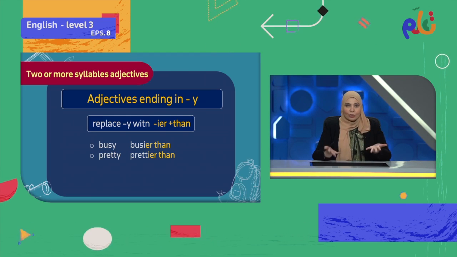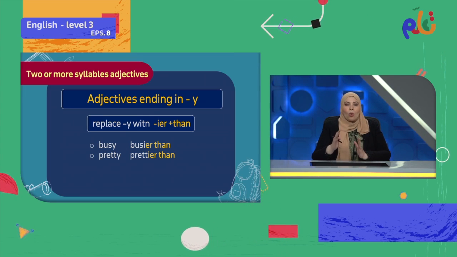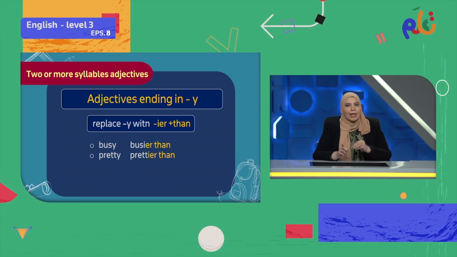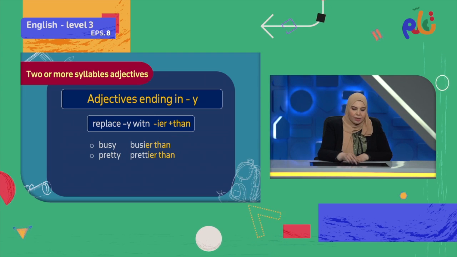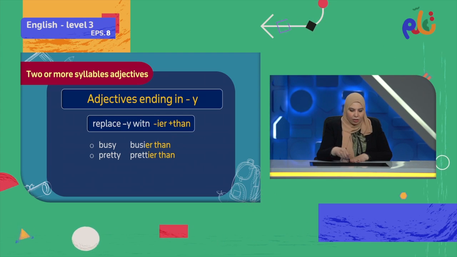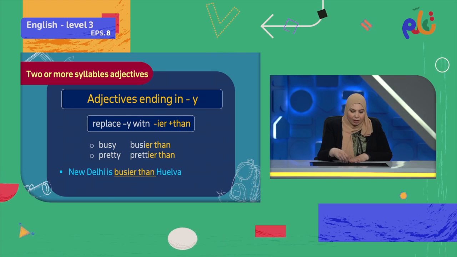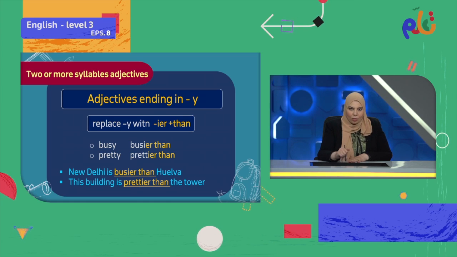All these adjectives are actually 2 syllables, but in this case, since the second syllable is Y, I'm not going to say more, I'm just going to cancel the Y and add ER. So busy will become busier and pretty will become prettier. So New Delhi is busier than Halva and this building is prettier than the tower.